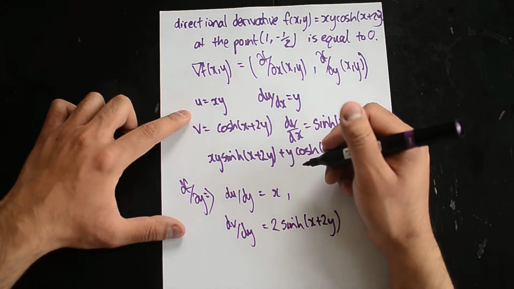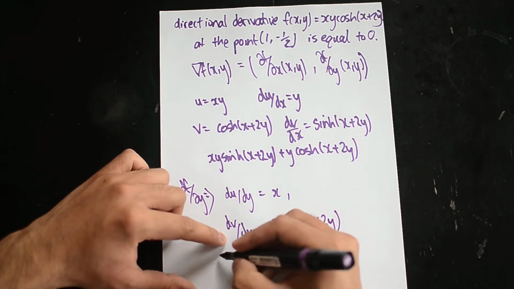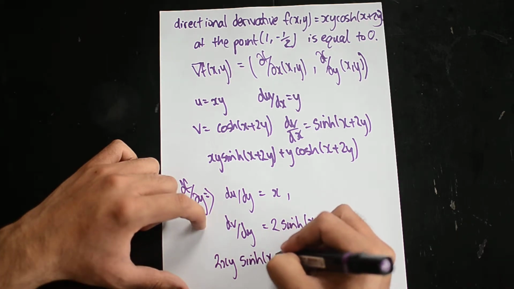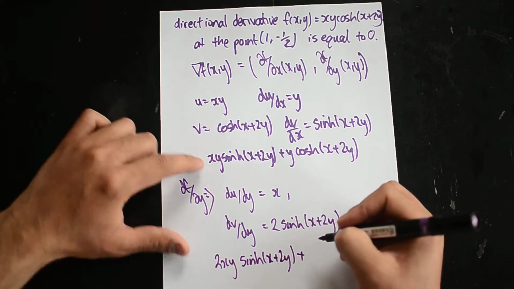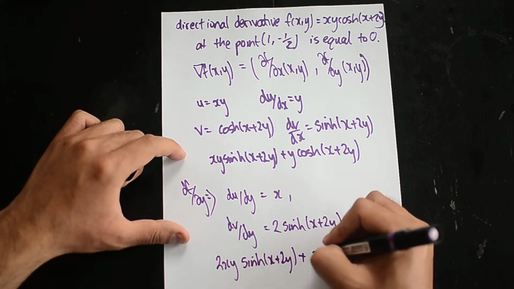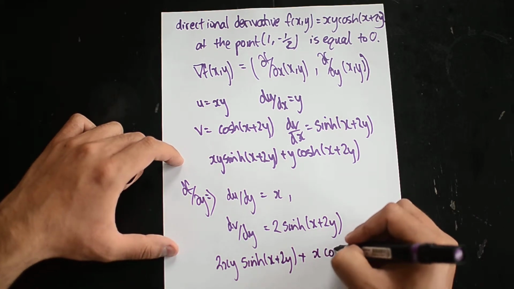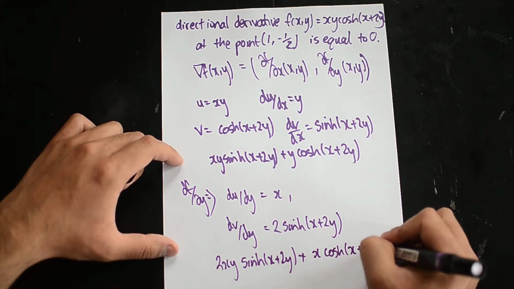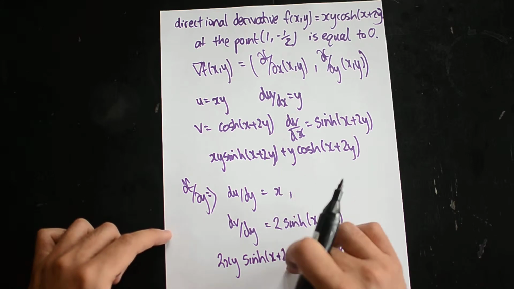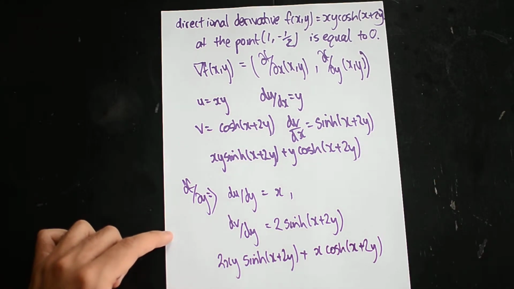Therefore, u dv/dy will be 2xy sinh(x + 2y), plus v du/dy, which is x cosh(x + 2y). So now we have df/dx and df/dy.